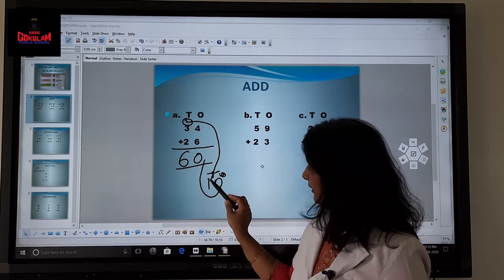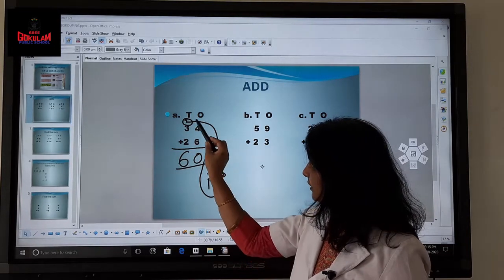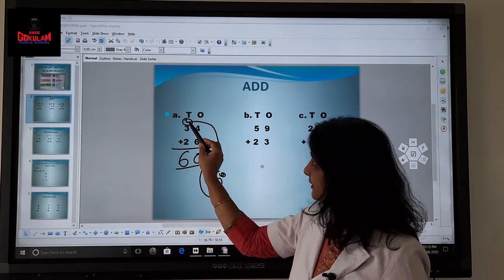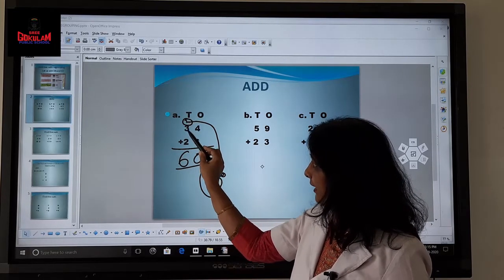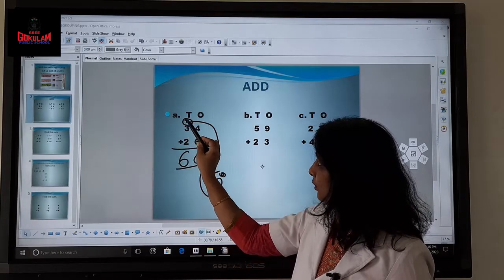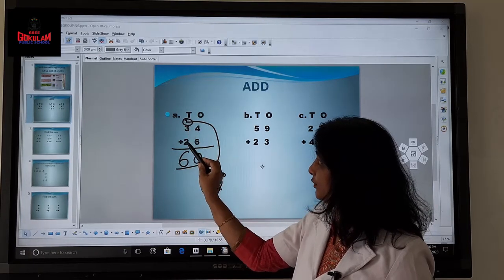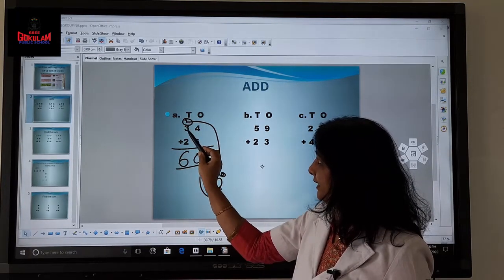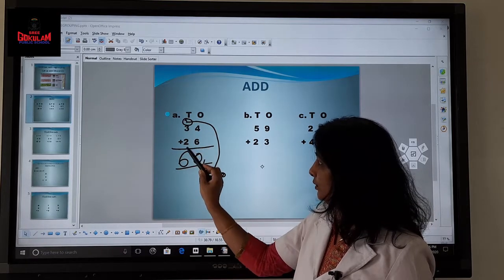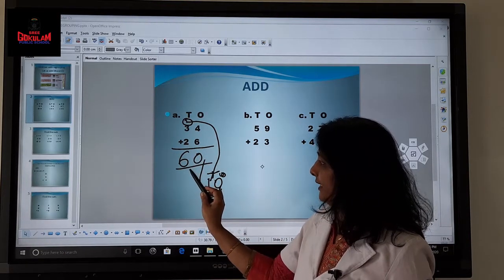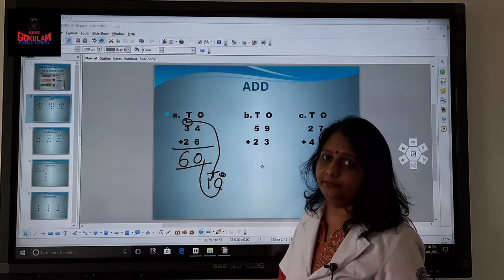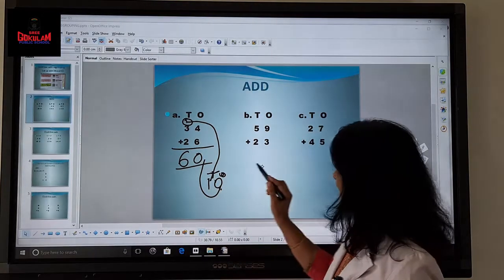And this 1 we will carry to the tens place. And we will add these three numbers now. 1 plus 3 plus 2. What is 1 plus 3? 4. 4 plus 2? 6. So, the final answer is 60. Let us go to the next one.